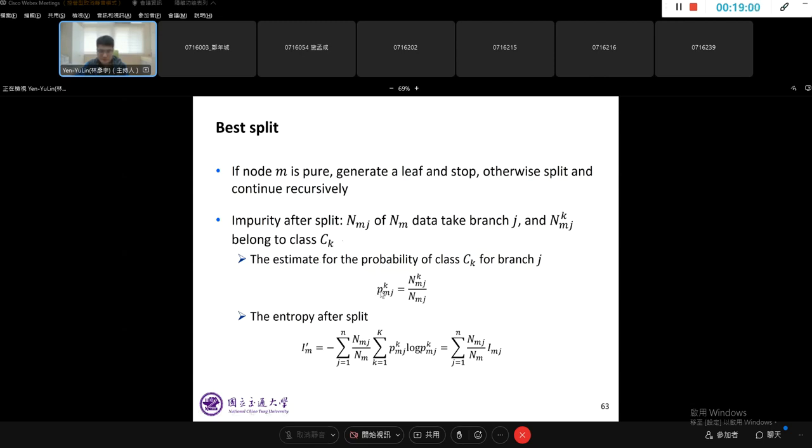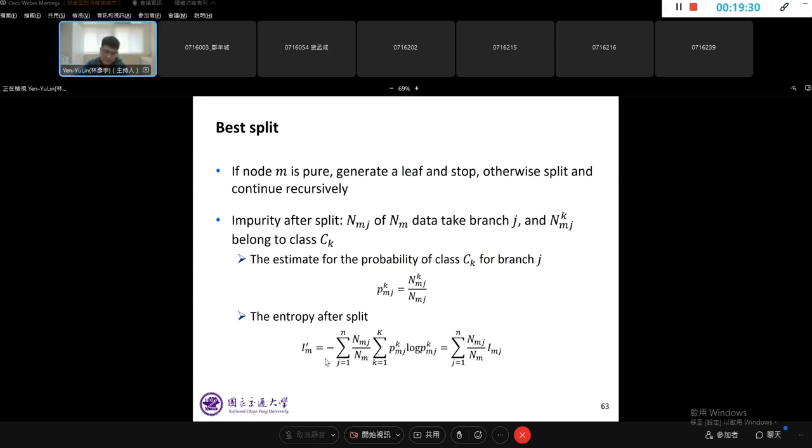So similarly, we can define P_MJK, which is the fraction of data points belonging to class K and going to branch J. So it is intuitive. It is simple. The fraction is M_MJK over M_MJ.